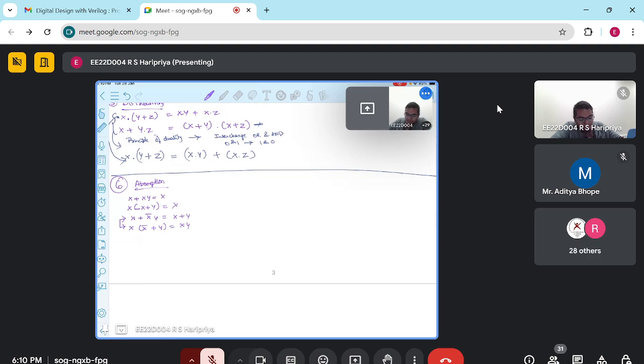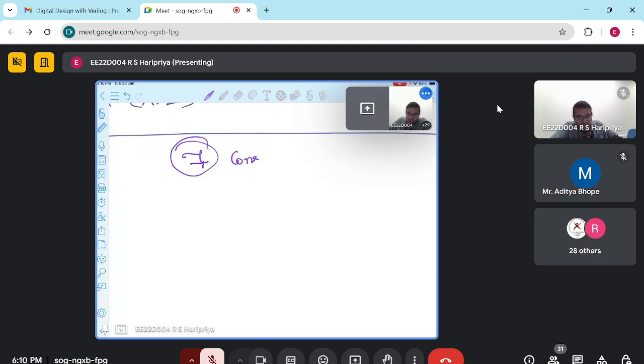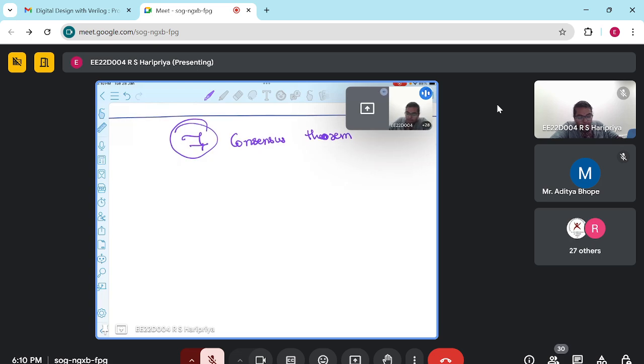The next theorem, the consensus theorem, which states that x y plus x complement z plus y z is equivalent to x y plus x complement z.